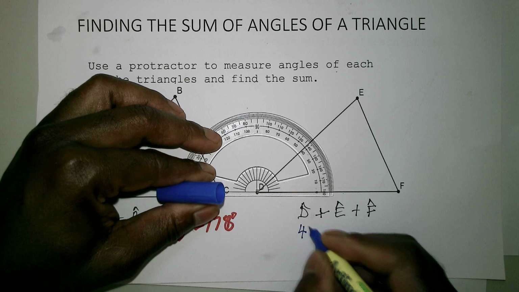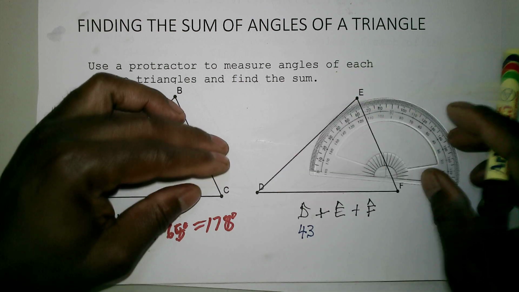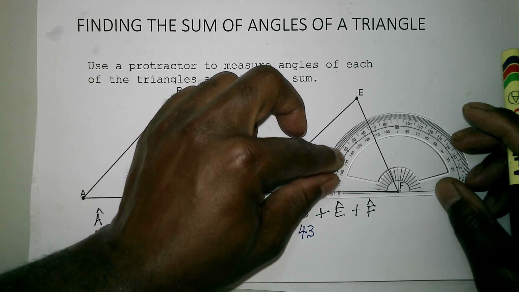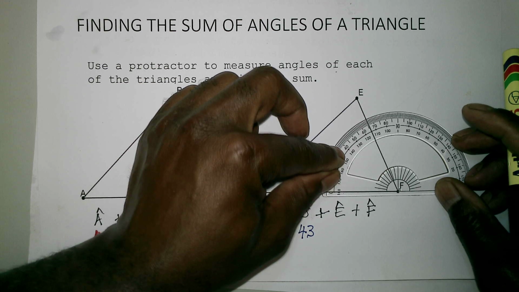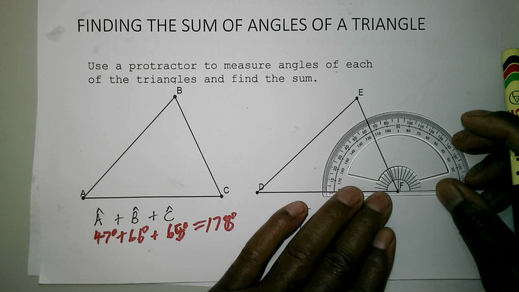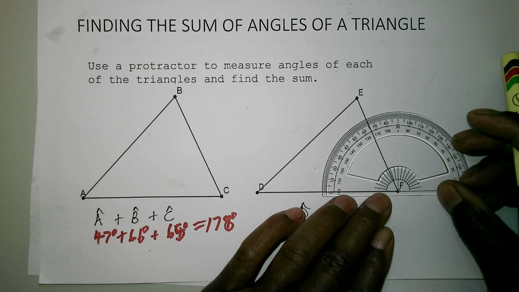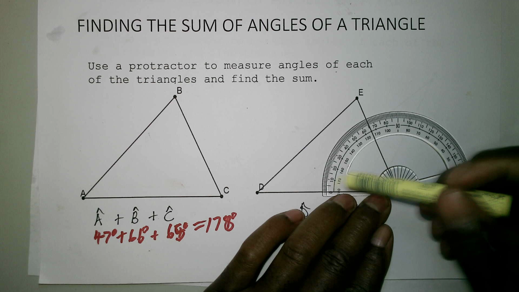Now let's look at this one, F. So look at it from outside, because we'll start from, that will be anti-clockwise. Now from this side is 0, 10, 20, 30, 40, 50, 60. Now 65, 66.